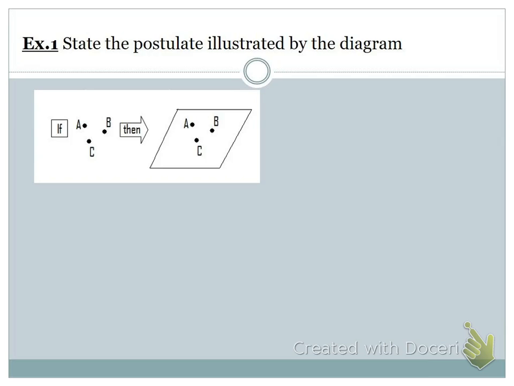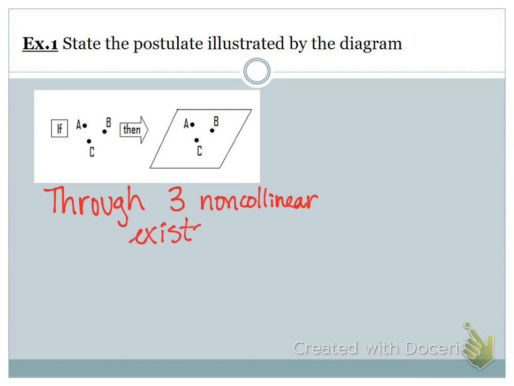Through any three non-collinear points, there exists one plane. That's all I want you to do. Match up the pictures to the postulate.